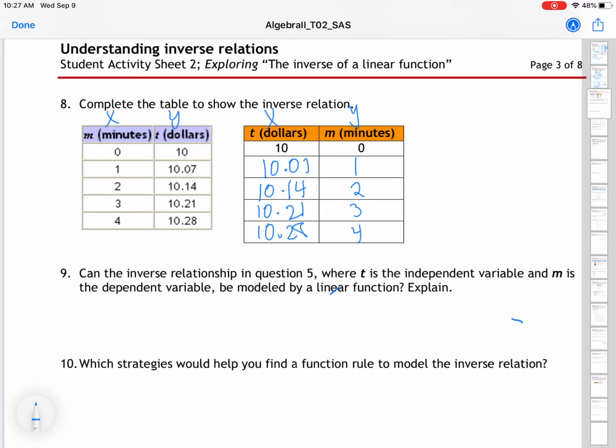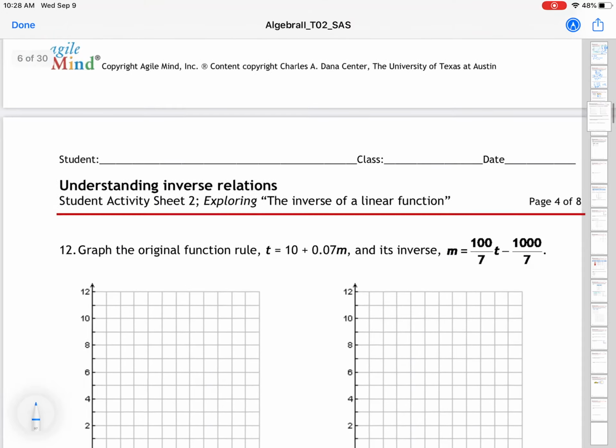But when we swap, my dollars now become my x and my minutes become my y. And we skipped over to number 17 and 18. I'm only going to work number 17. We'll work 17.